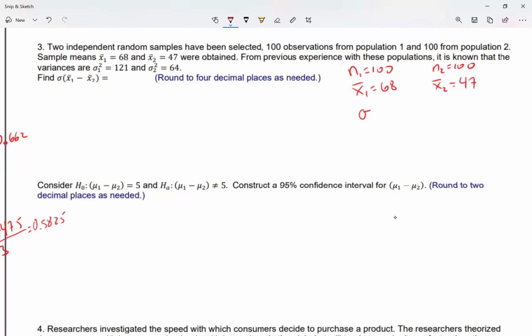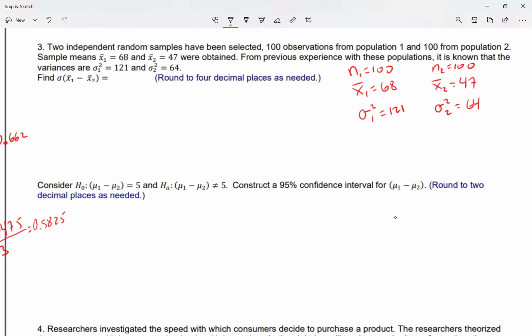So I'm going to say the variance of population 1 is 121, and the variance of population 2 is 64. Now they want me to find the standard deviation of the difference of the sample means.